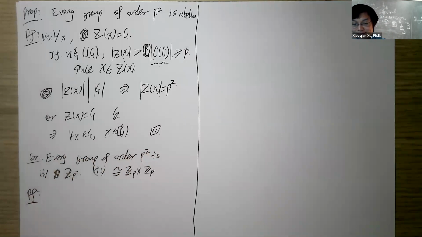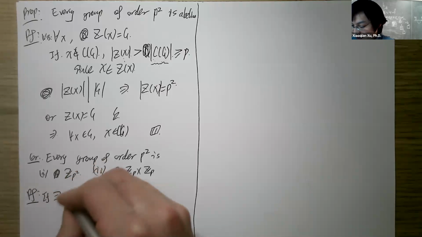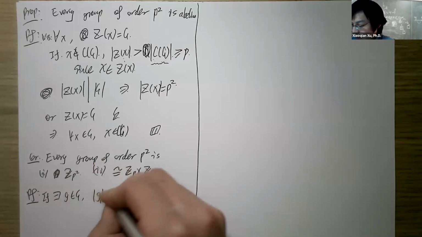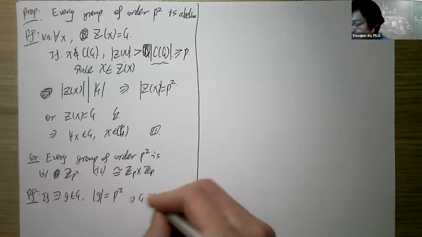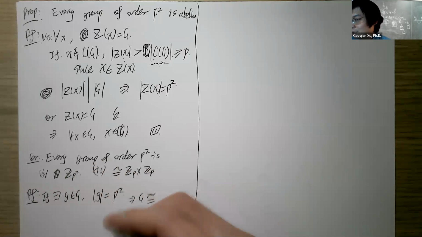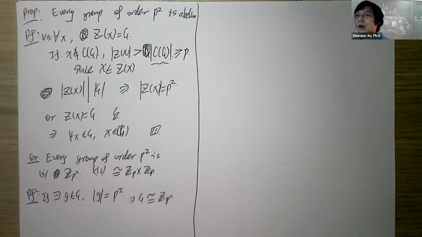Why is that? Well, if there exists g in G such that it has order P squared, then G is isomorphic to ZP squared.